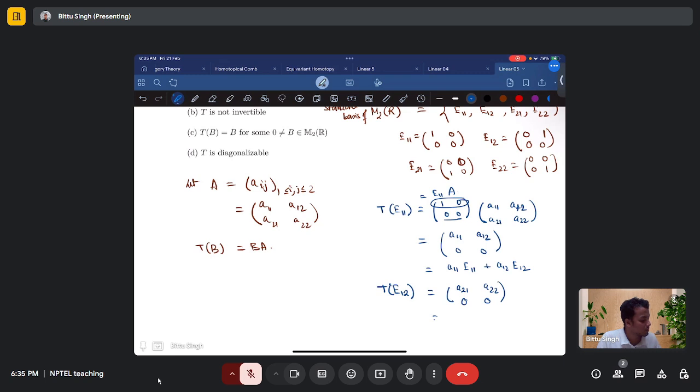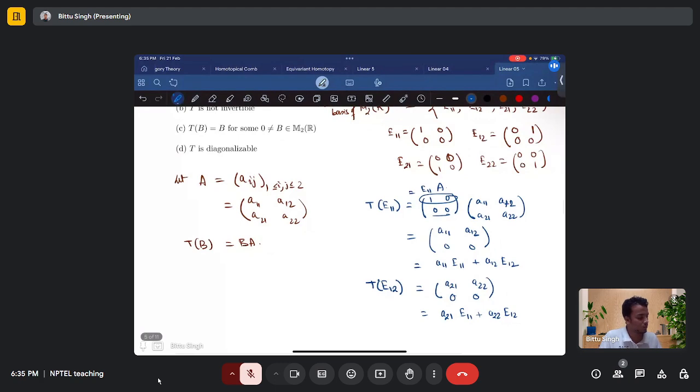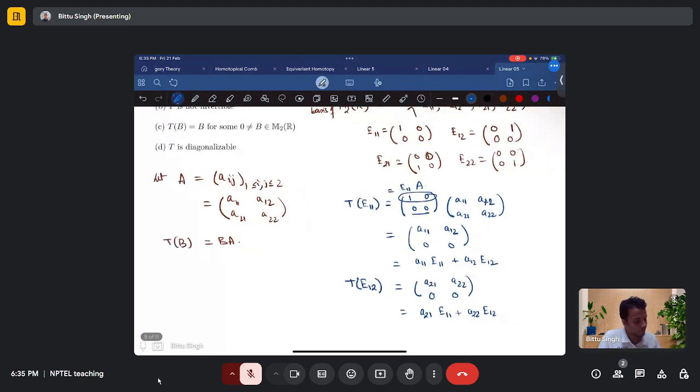So this is the same as A21 E11 plus A22 E12, and the rest are 0. Because we are trying to find the matrix representation, we may write the other coefficients, which are actually 0. Plus 0 times E21 plus 0 times E22.